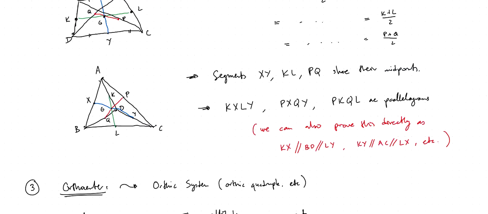And so in general, these are parallelograms. So these are the three diagonals which share their midpoint. But if they are rectangles, what can we say about the diagonals?